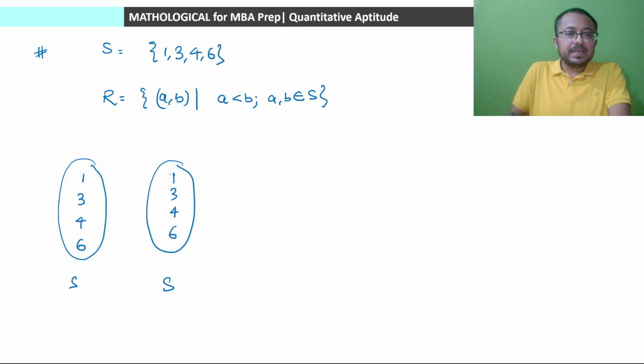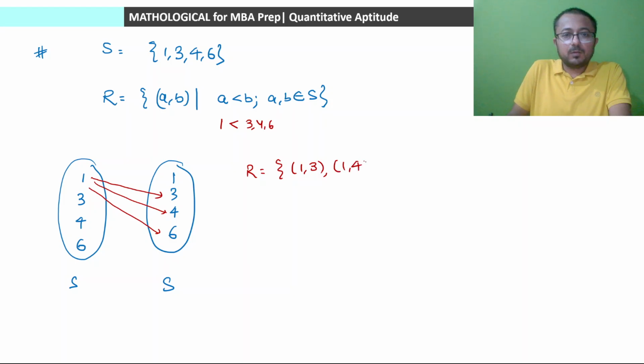So if we take a equal to 1, then 1 will be less than 3, 4 and 6. So 1 is related with 3, 1 is related with 4 and 1 is related with 6. So R will have elements (1, 3), (1, 4), (1, 6).